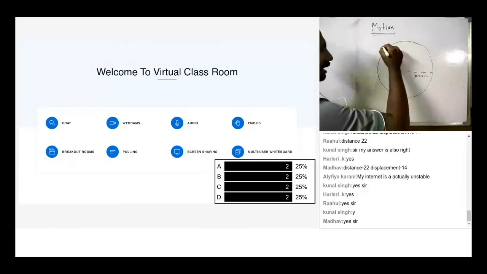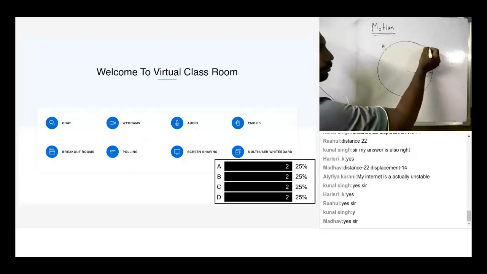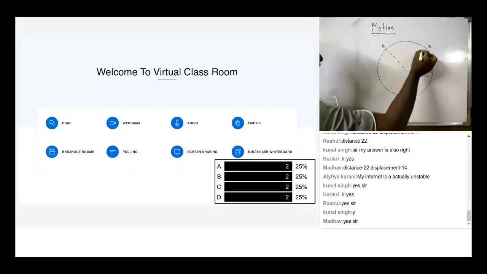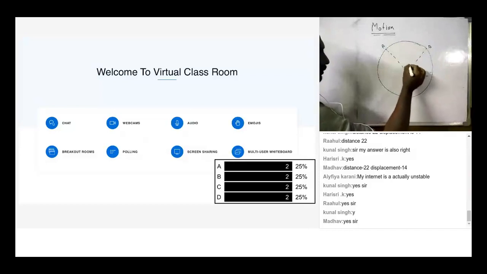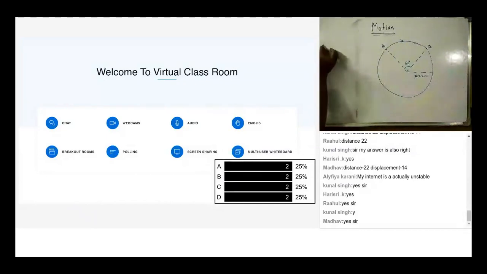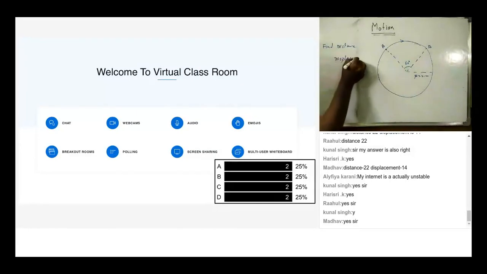A particle starts from A and goes to B. If I join the lines to the center, it makes an angle of 60 degrees. The particle starts from A and goes like this. Find distance and displacement.